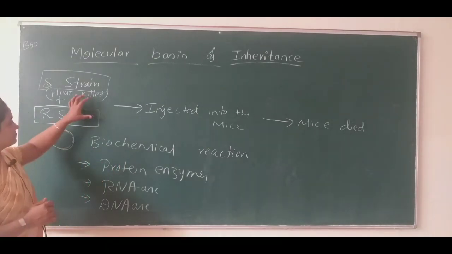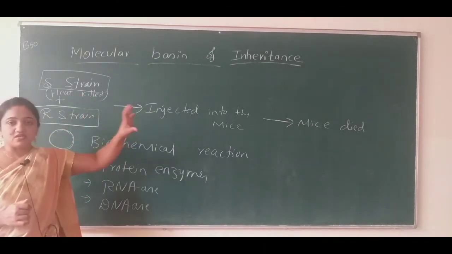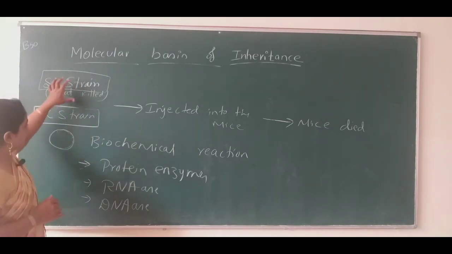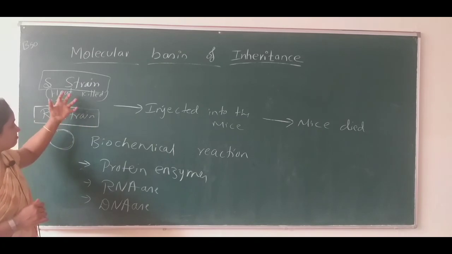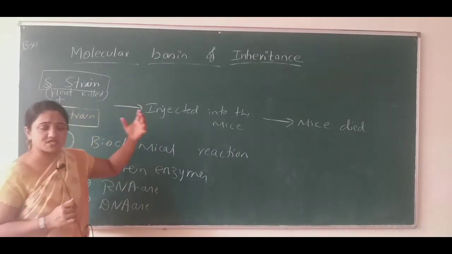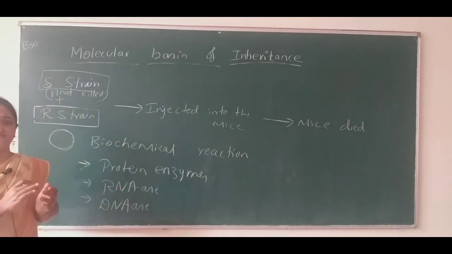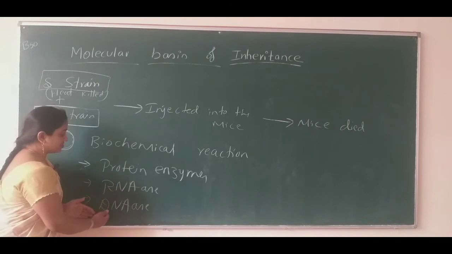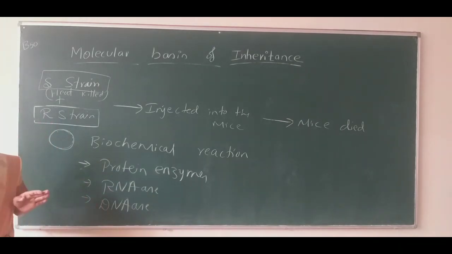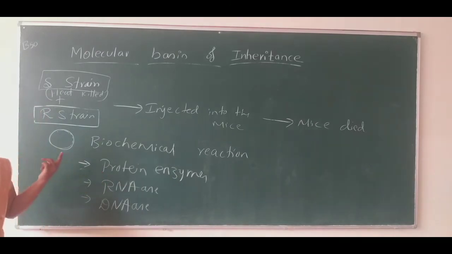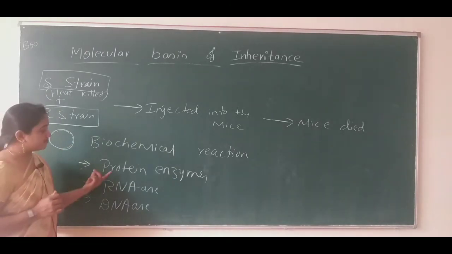No doubt Griffith showed in his experiment that the R strain gets the power from the S strain and becomes virulent, but he was not convinced. Whether it was proteins, RNAs or DNAs, he could not conclude. Because of that, the 3 scientists reworked on the same experiment.